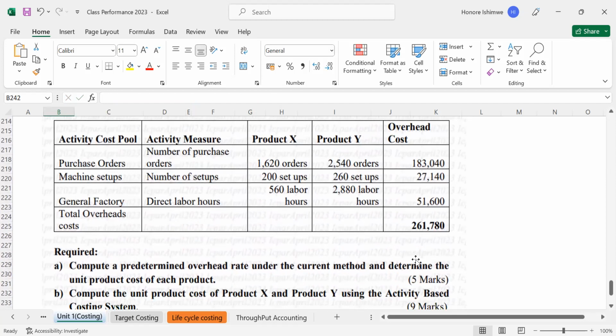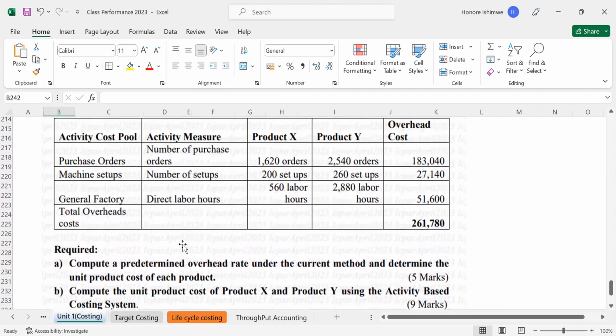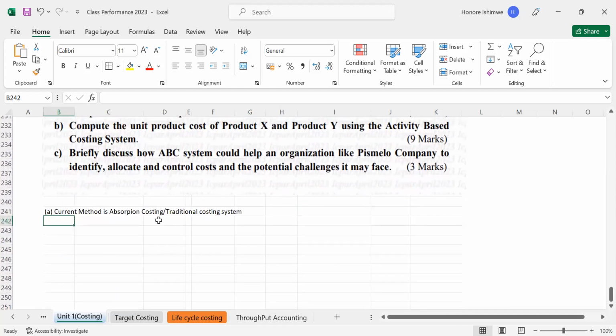The examiner wants us to determine the unit product cost, or the cost of producing 1 unit of product X and product Y. So here our cost center is product X, and here product Y. So on product X, we have to put our details.